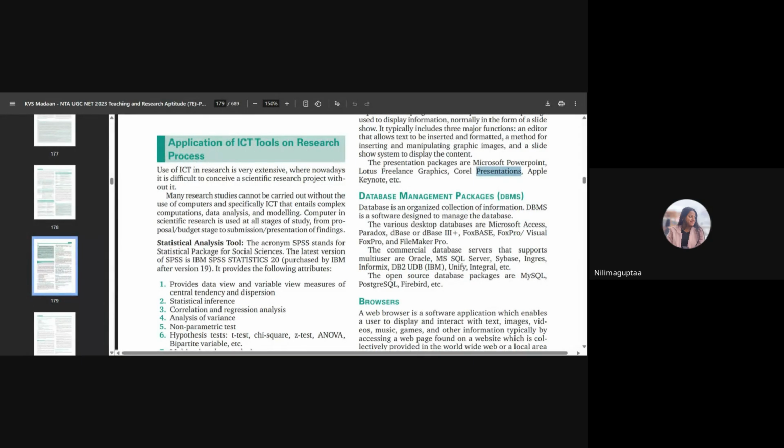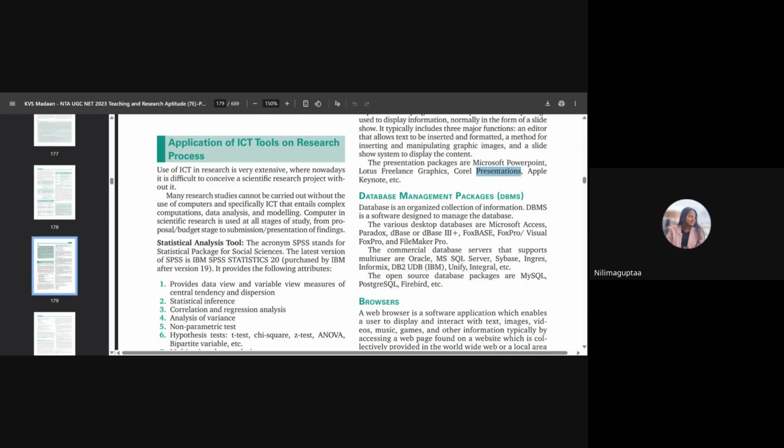For database management, we have software which helps us maintain a lot of data that is already there in our research: Microsoft Access, Paradox, dBase or dBase III Plus, FoxBase, FoxPro, Visual FoxPro, FileMaker Pro. All of this is for maintaining our data.